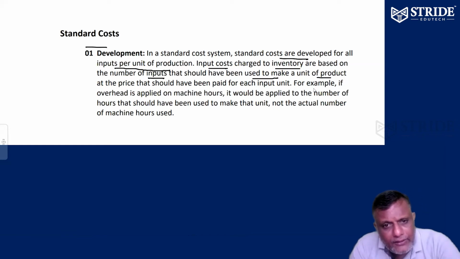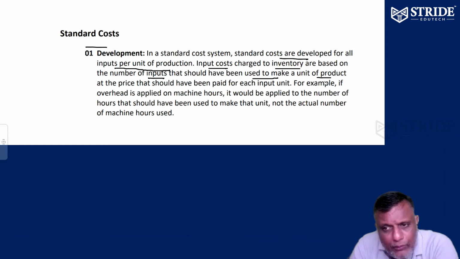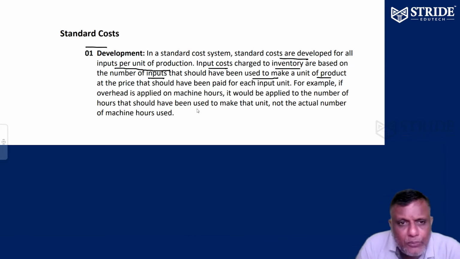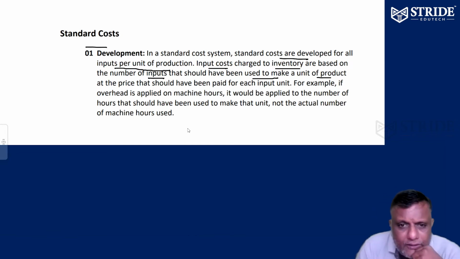Per unit of product, what is the cost involved? The number of inputs added per 1 unit of output. That's the input cost. Suppose 3 units of input are applied to get 1 unit of output. So 3 units of input applied per unit of output.